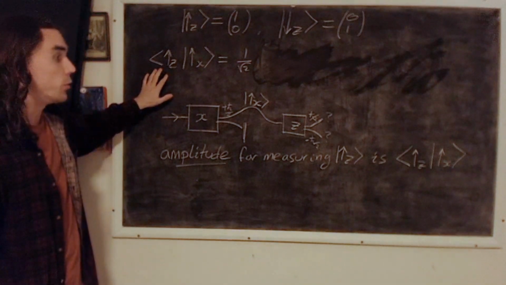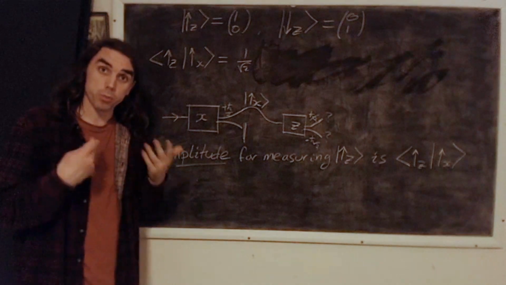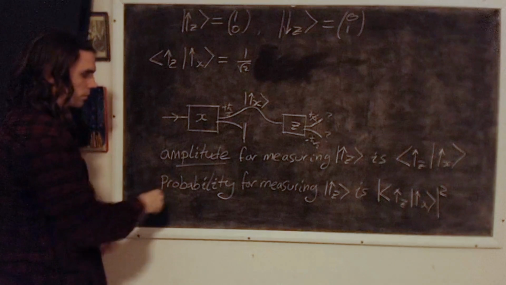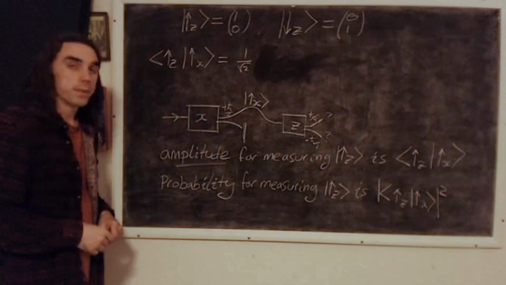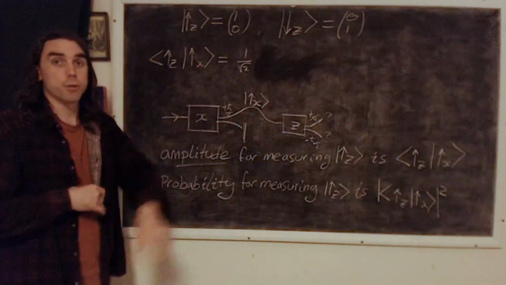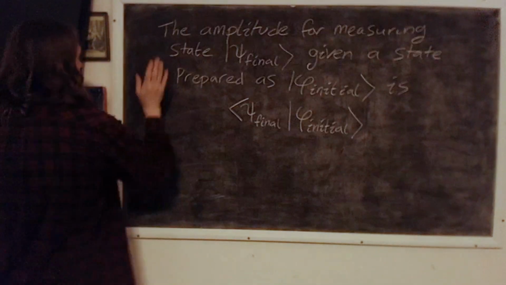So that's the amplitude, but amplitudes don't give us the probabilities. We use the Born rule. It's the modulus square of the amplitude, and so we have the modulus square of the previous result. But this is actually a totally general statement that works not just for spin a half, not just finite dimensional Hilbert spaces. Throughout all of quantum mechanics, we can say the following.